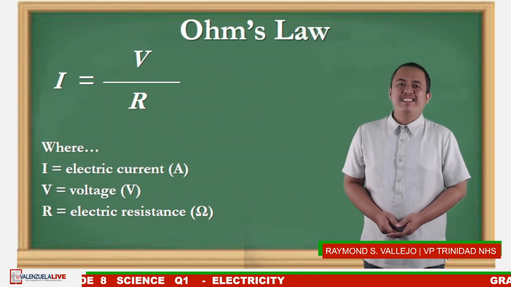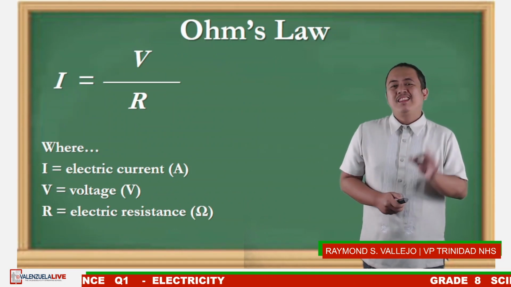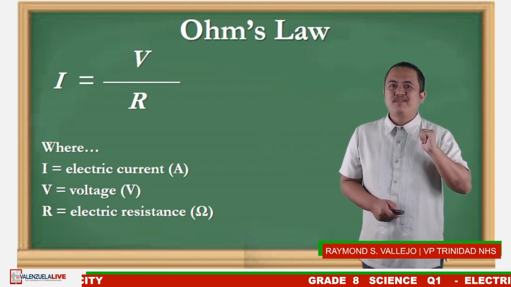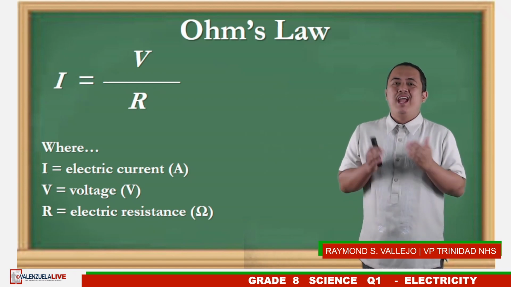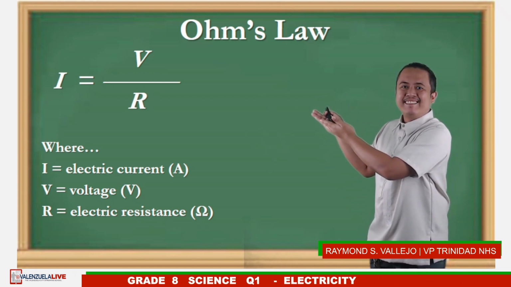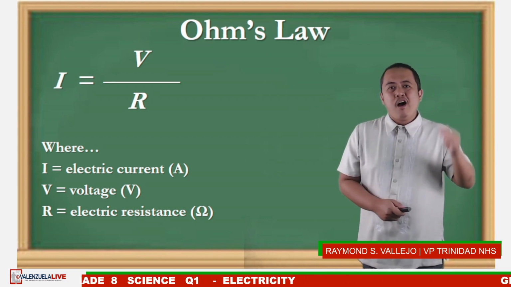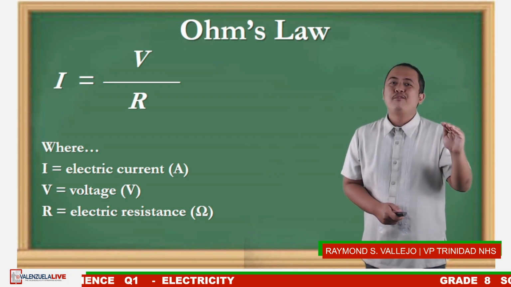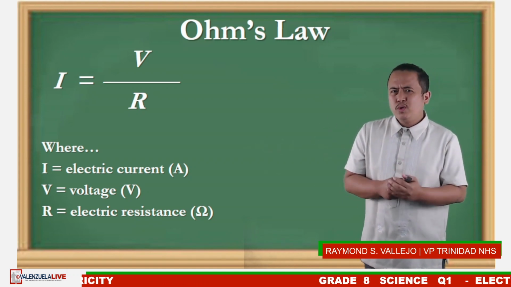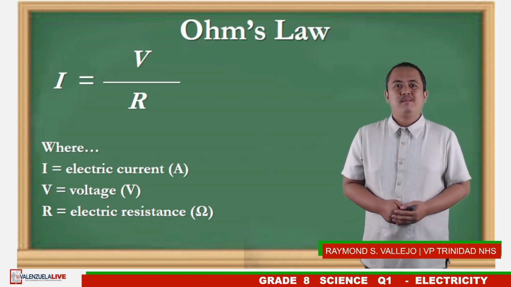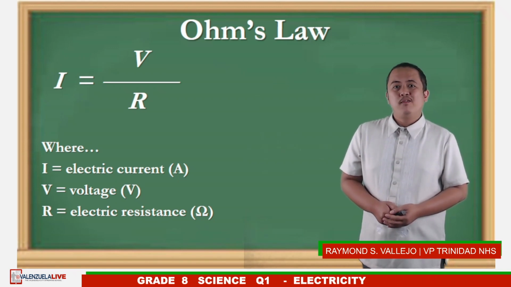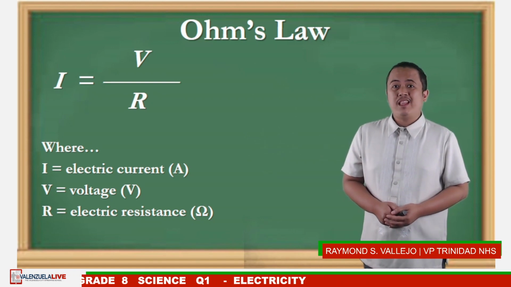Ohm's law states the relationship between three electrical properties: current, voltage, and resistance. It is expressed using this formula: current equals voltage divided by resistance. In this formula, electrical current uses the unit amperes, voltage uses the unit volts, and resistance uses the unit ohms.